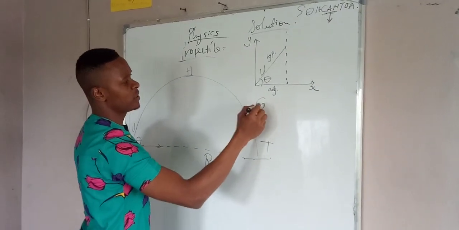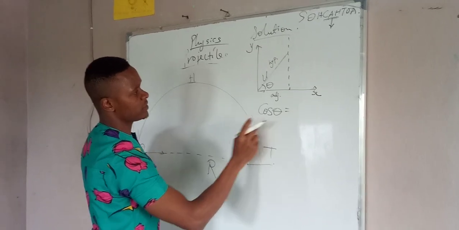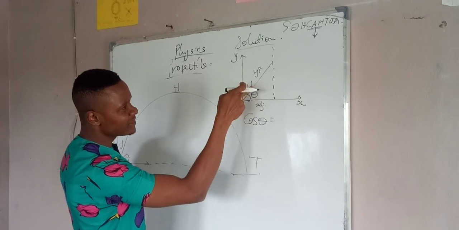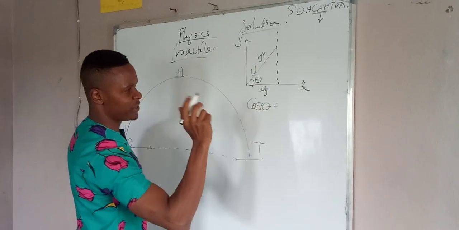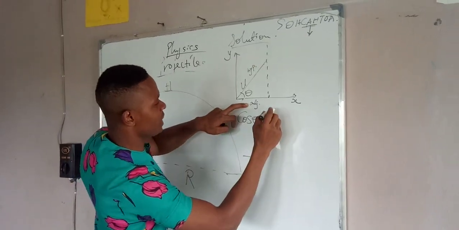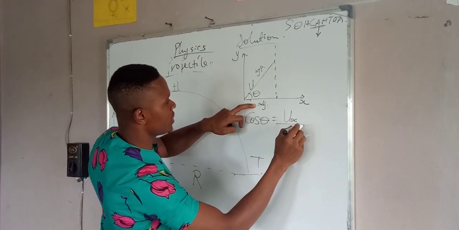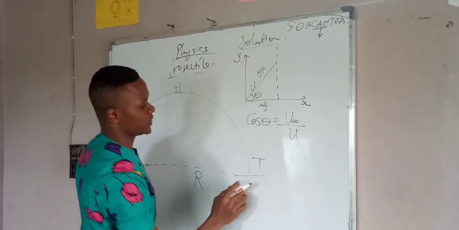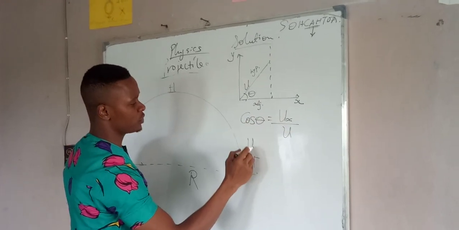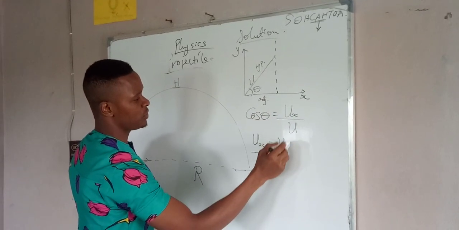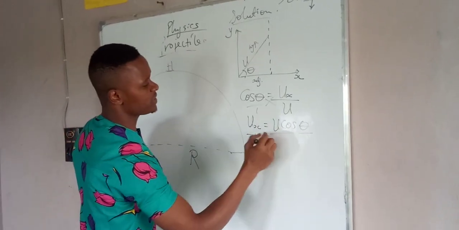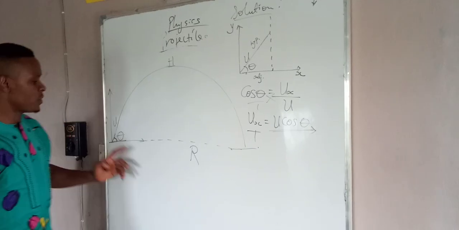So we'll be saying cos theta is equal to adjacent, which is our u in x direction, all over u. But we are actually looking for u in x direction. So u of x becomes u cos theta when we cross multiply.